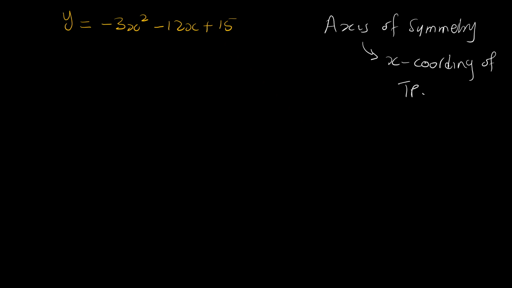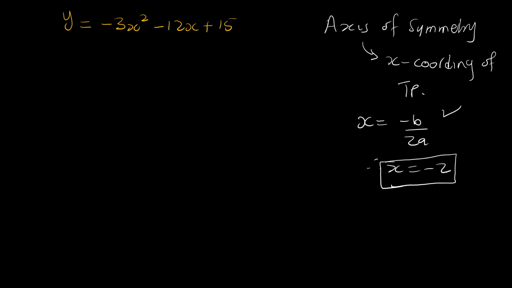And we said we calculate that by saying minus b over 2a. We already did this and we got our x to be negative 2. So that negative 2 is the axis of symmetry. And the formula to use to find the axis of symmetry is this one. This is easy: the x coordinate of your TP.